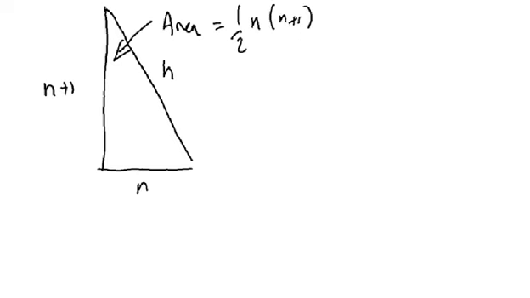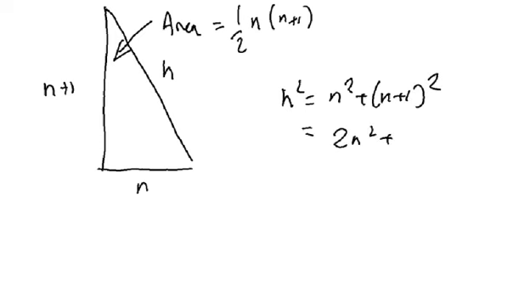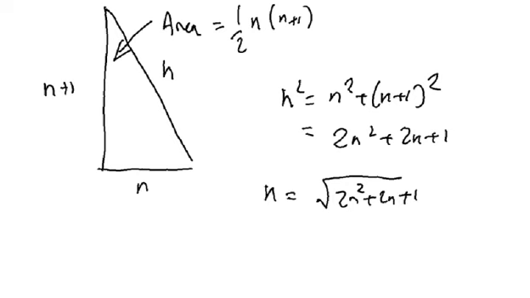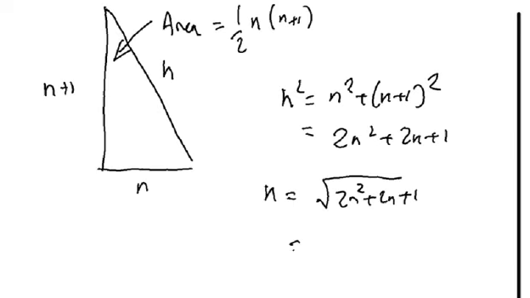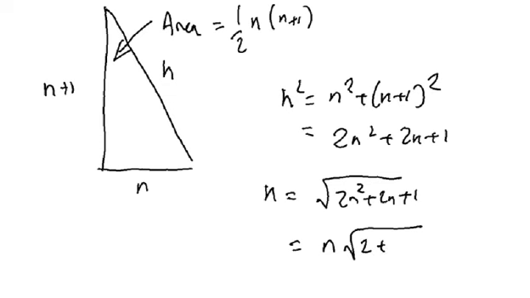Now, what about the hypotenuse? Well, Pythagoras says that h squared equals n squared plus n plus 1 squared, which you should know to be 2n squared plus 2n plus 1. And that means that h has got to be equal to the square root of that. Now, if I just take the n out of it, I get 2 plus 2 over n plus 1 over n squared.